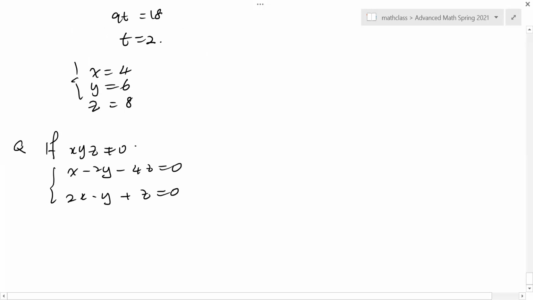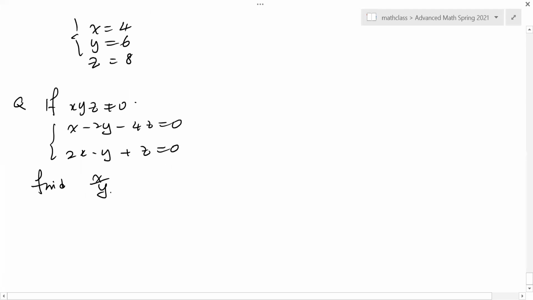You have 3 variables and only 2 equations, so you cannot determine a unique solution. You are going to get infinitely many solutions. What we want to find out is the ratio of x to y.